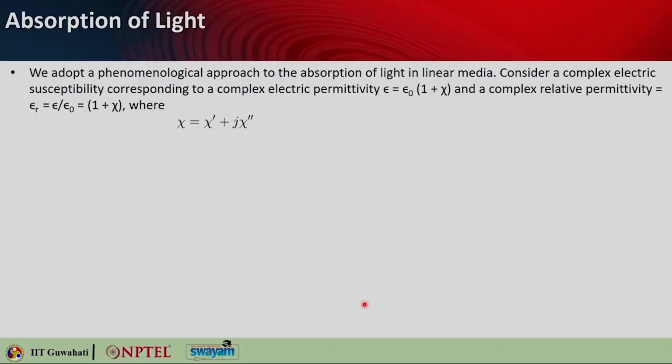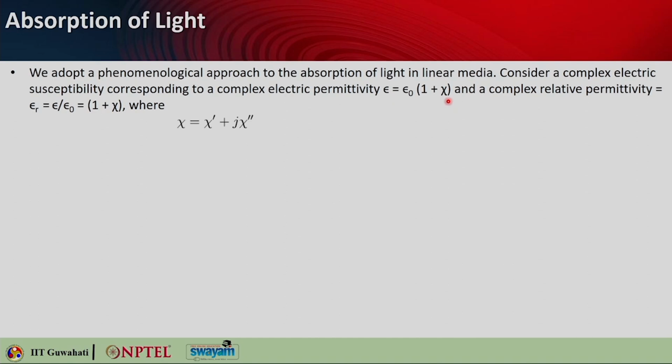Now we adopt a phenomenological approach to the absorption of light in linear media. So let us consider a complex electric susceptibility corresponding to a complex electric permittivity, which is given by epsilon equals epsilon naught, where epsilon naught is the vacuum permittivity, times 1 plus chi.